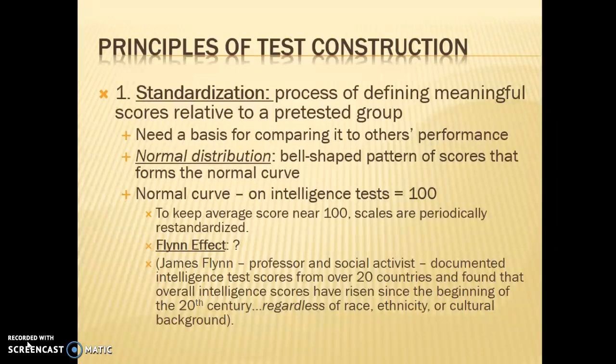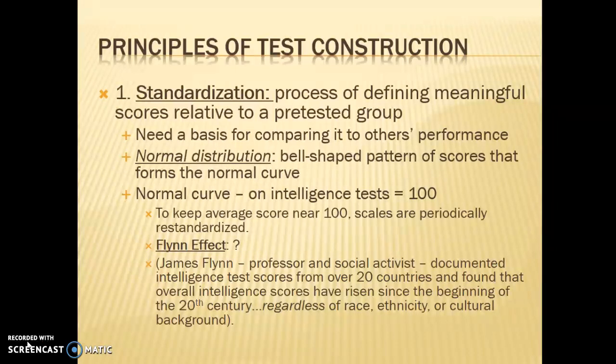The Flynn effect, an italicized term in your book, is the idea that intelligence test performance has been improving. James Flynn documented intelligence test scores from over 20 different countries and found that overall intelligence scores have risen since the beginning of the 1900s.